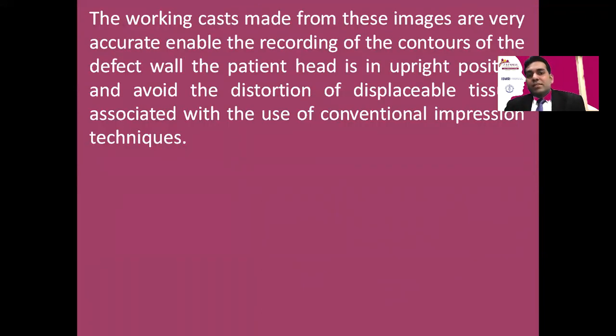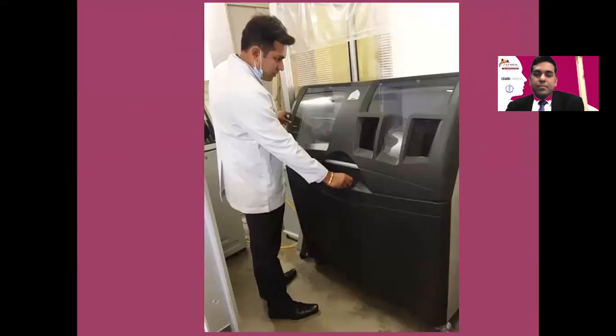The working casts made from these images are very accurate and enable the recording of the contour of the defect wall. The patient's head is in an upright position, which avoids the distortion of displaceable tissues associated with the use of conventional impression techniques.